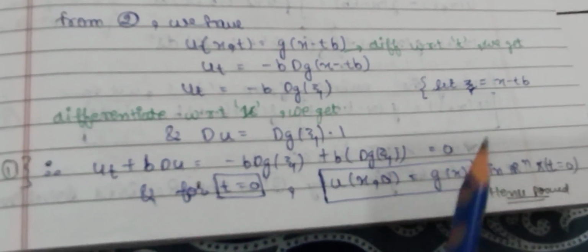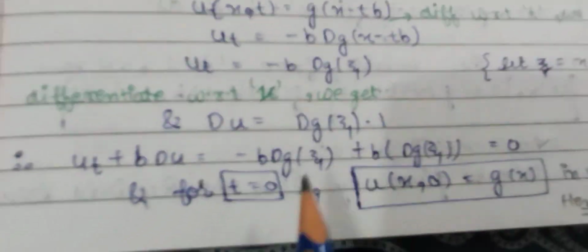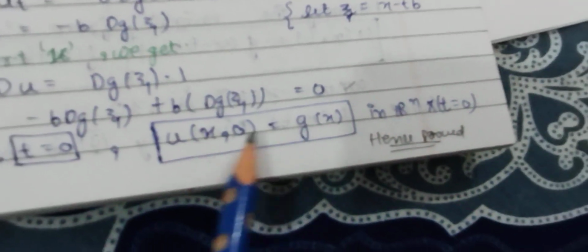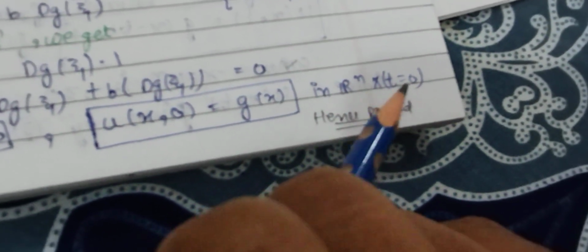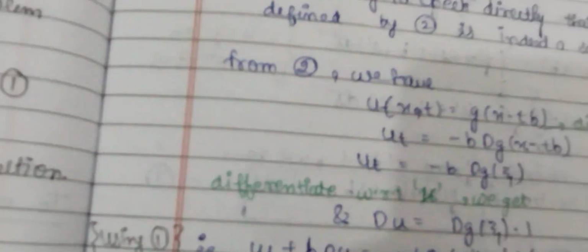Here we prove the first condition, and for t equals 0 we take the plane Rn cross t equals 0 where u equals g. So here we also prove that u of (x, 0) equals g of x in Rn cross t equals 0. Hence the proof of the theorem of the initial value problem.